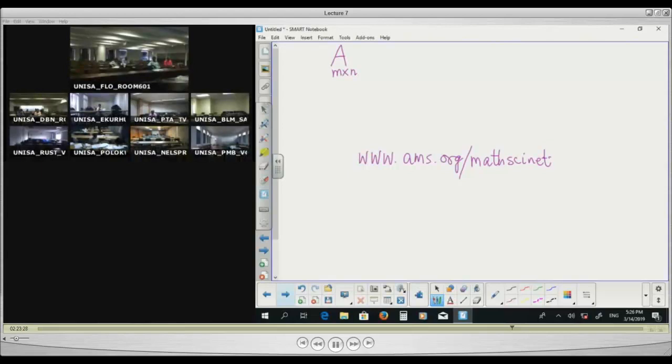Now, whenever you are giving me a matrix A, we have seen just now that you are giving me a linear transformation from Rn to Rm. It takes a member X to AX.